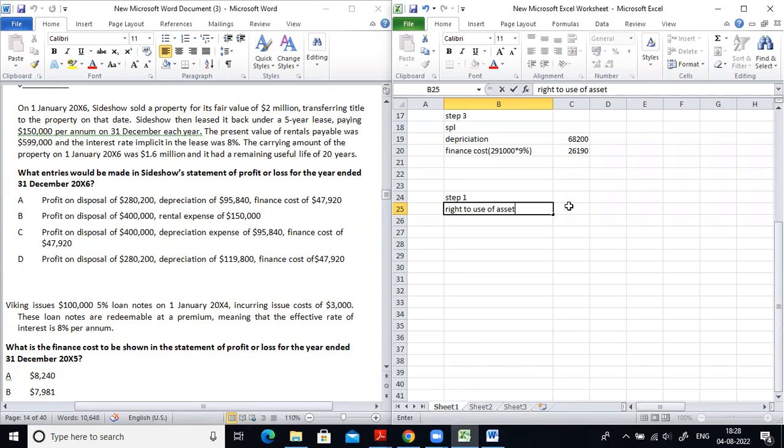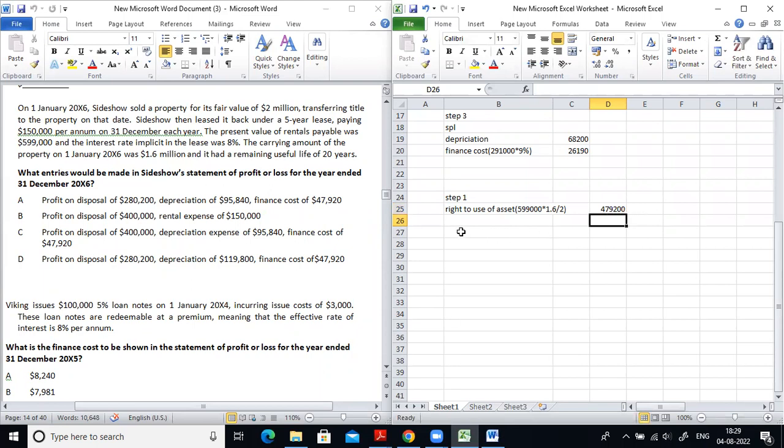So how will it be done? 5,99,000 into 1.6 divided by 2 million. I hope this part is clear. The step 1, right to use of asset.